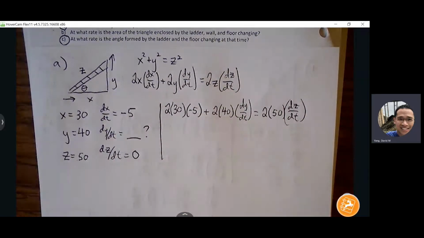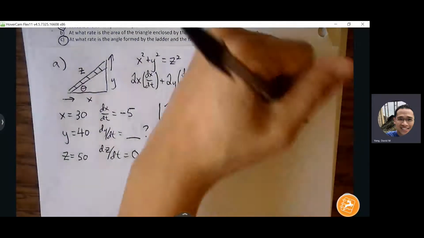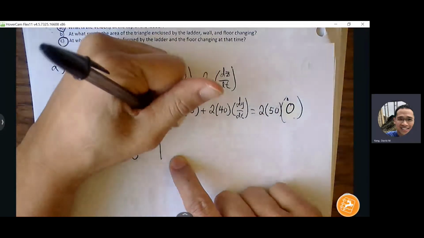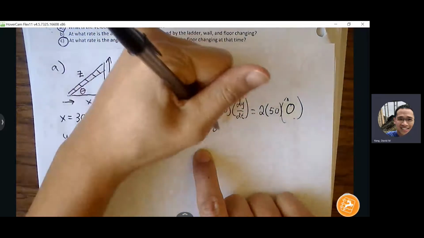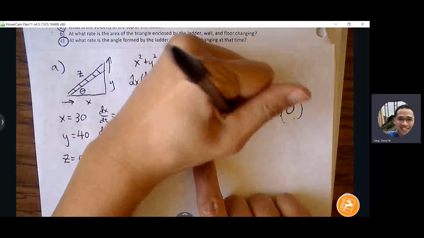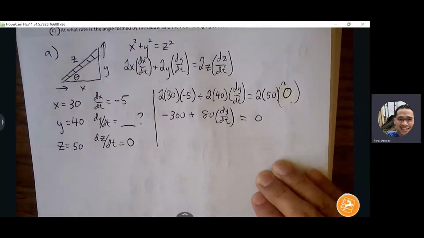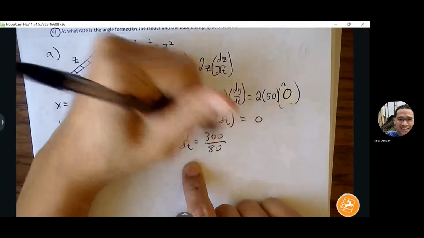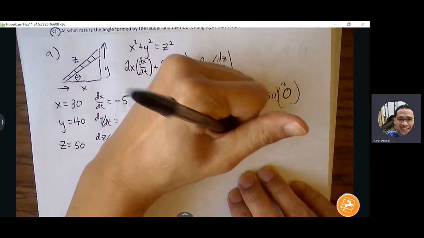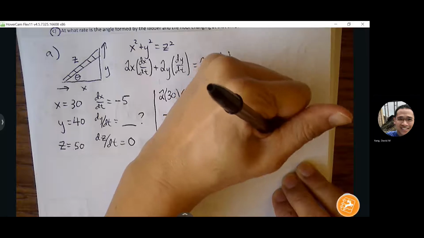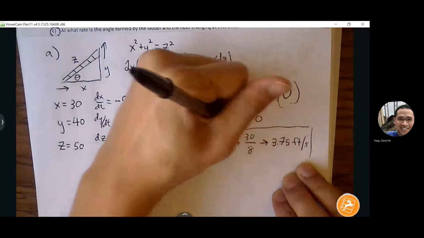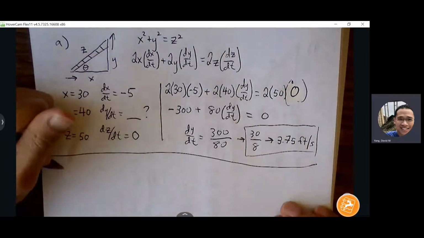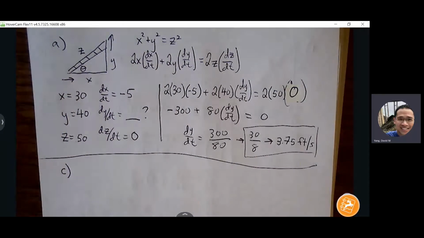I'm going to replace that with 0. Okay, do some cleanup here. Negative 10 times 30, negative 300. Right side is just 0. Okay, so that's part A. We found dy/dt. So now let's go to part C, involving rate of change of the angle.